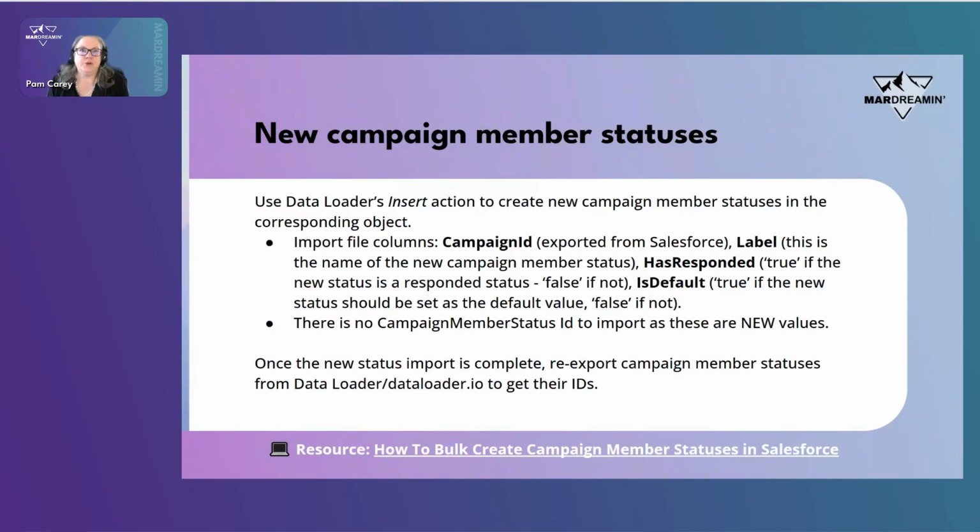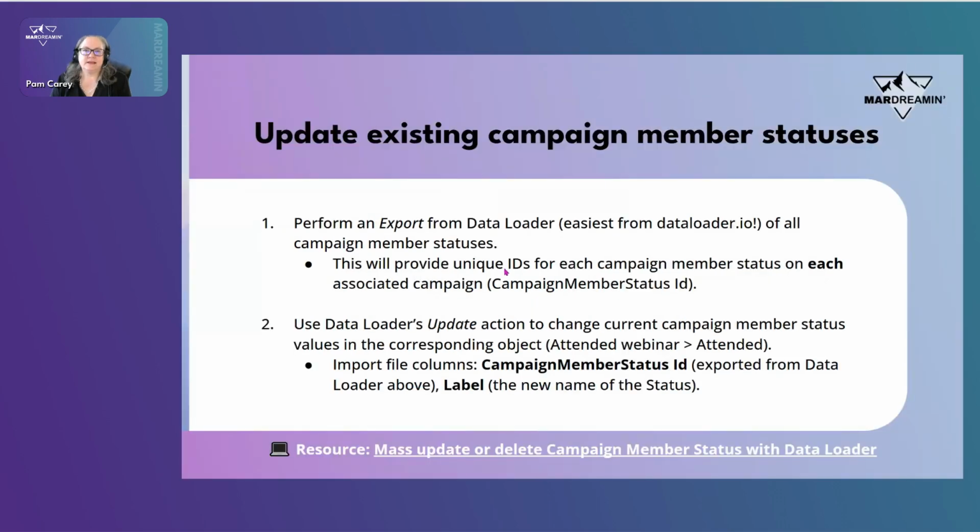Now you can create new campaign member statuses with a Data Loader insert action. Next, it's time to use a two-step process to update existing campaign member statuses. You'll need to export the list of statuses, then import. I want to call out that the export is very important.